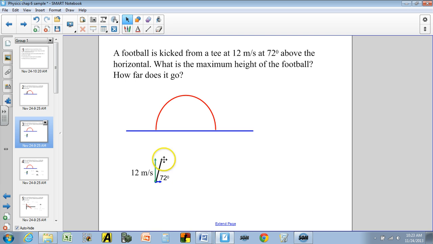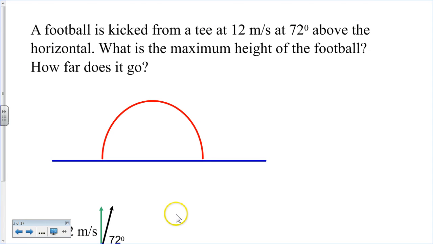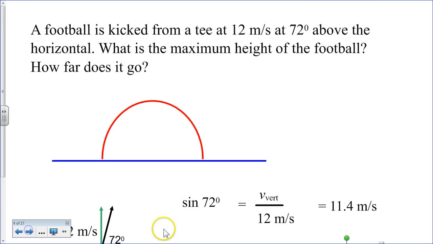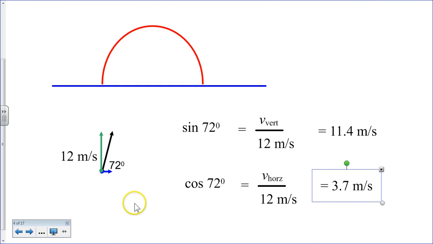Well, the first thing we want to do is break up our initial velocity of 12 meters per second into its vertical component and its horizontal component. And of course we do that using a little bit of trigonometry.